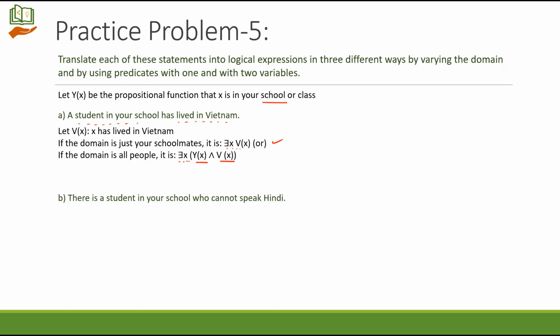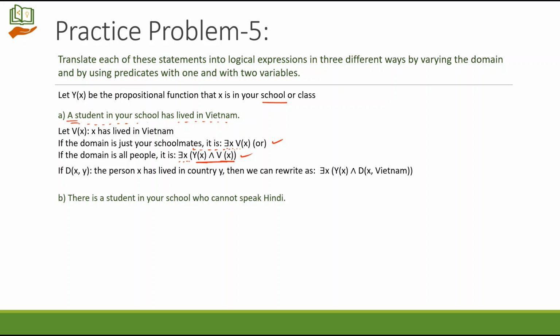So when you use conjunction operation, what does it mean? We have to take it as there is a student in your school and that student has lived in Vietnam. This is the meaning of this particular expression. So when you want to express a student has lived in Vietnam, it is exactly this expression. Why are we using the existential quantifier here? It is to denote that there is a student and it does not denote all students. So this is another way of expressing.